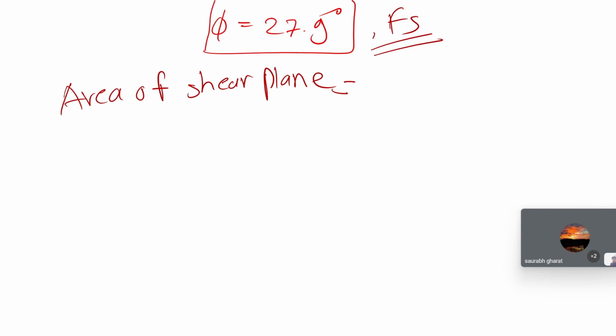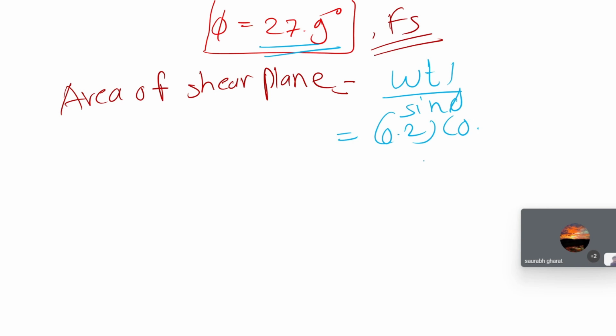So As will be W times t1 divided by sin phi. You know the phi, which is 27.9 degree. So it will be 0.2 times 3 divided by sin phi, with phi equal to 27.9.